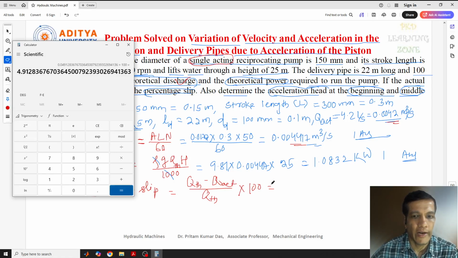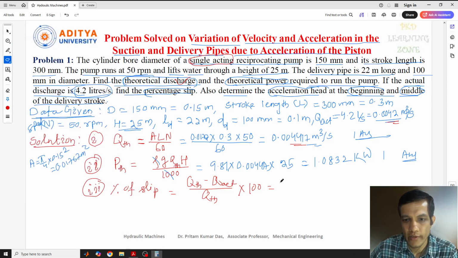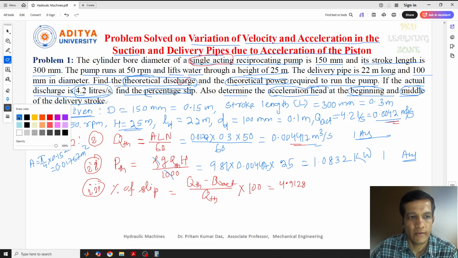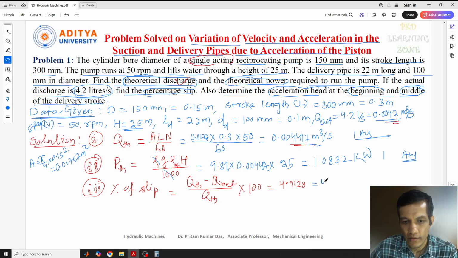So 4.9128. This is the answer, 4.9128, which I can write as 4.92 percent. So this is another answer. These are the formulas used here.